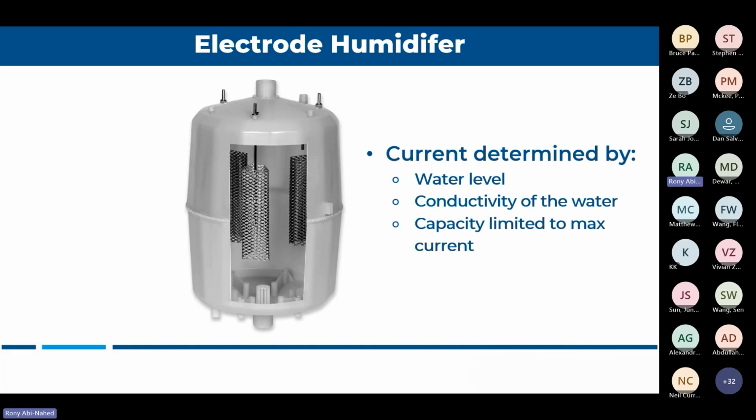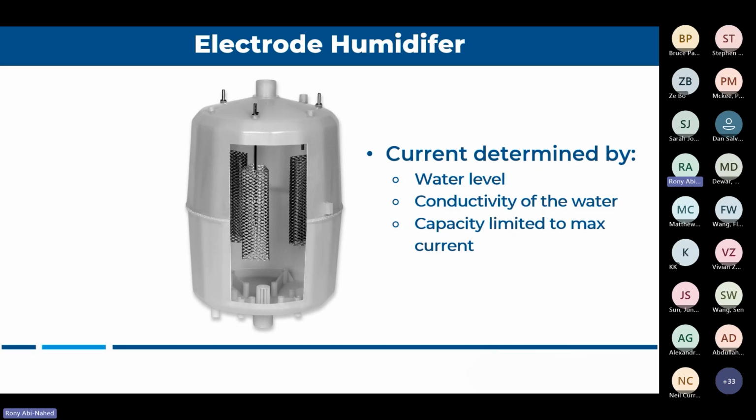So when you start designing, let's say you decide to go electric. You have two options: electrode or resistive. What's electrode? As you can see, it's usually a white plastic cylinder. Inside of it, you have electrode rods, and it works only with conductivity.